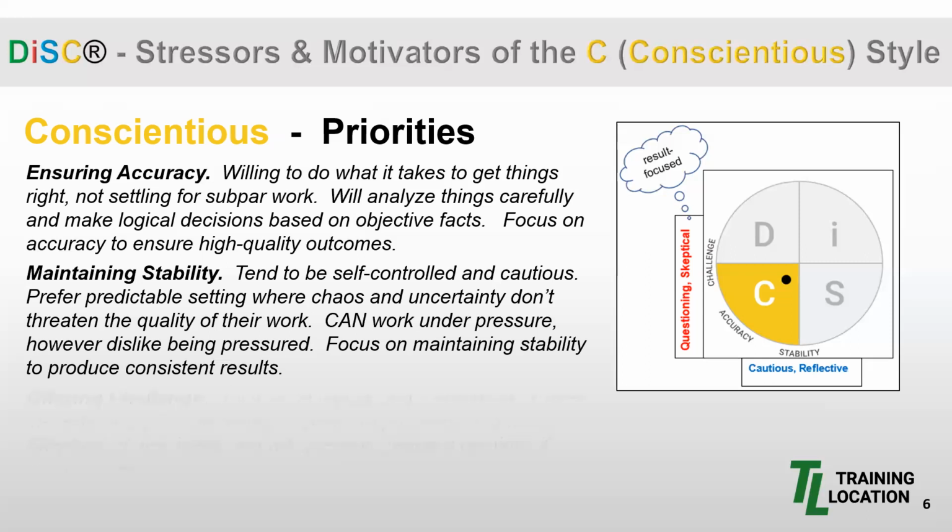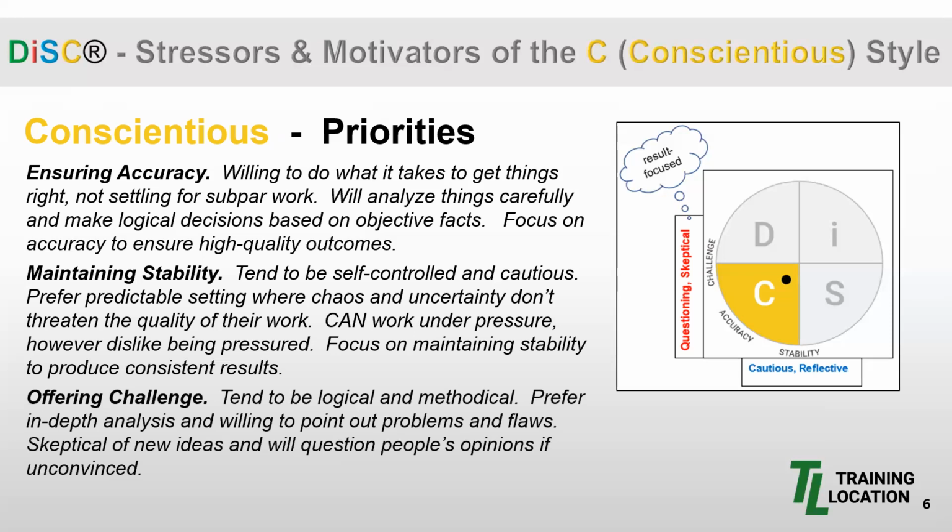And the third priority is offering challenge. C's tend to be logical and methodical and prefer in-depth analysis. They're ready and willing to point out problems and flaws. They're known to be skeptical of new ideas and will question people's opinions if unconvinced. Remember, the C motto is do it right.